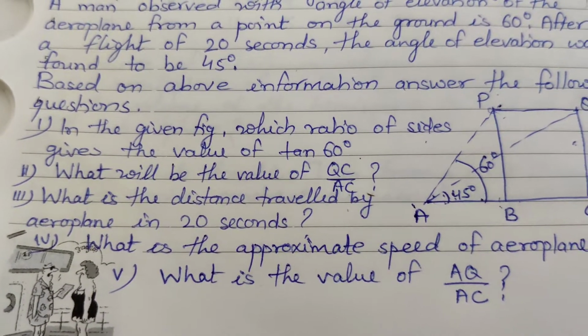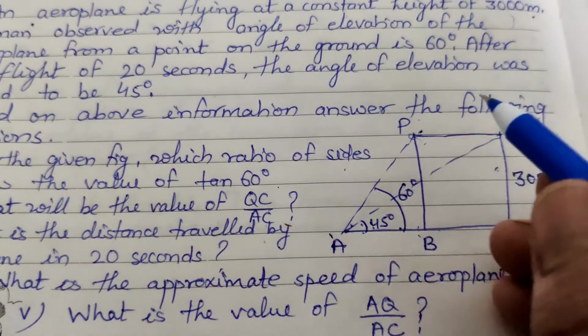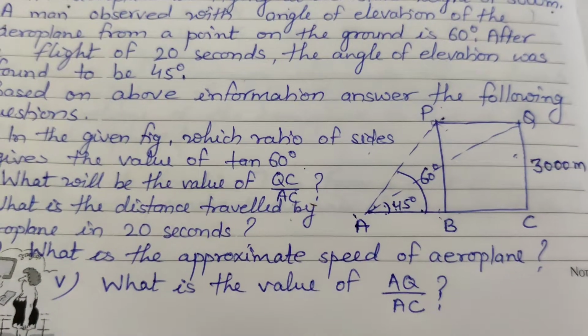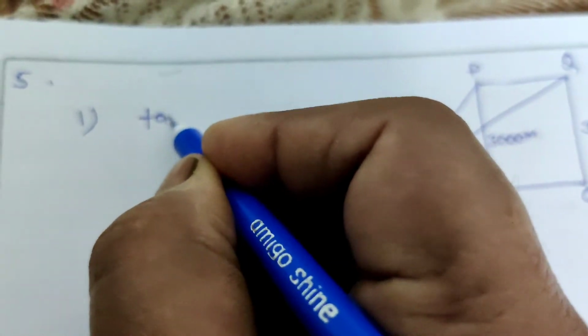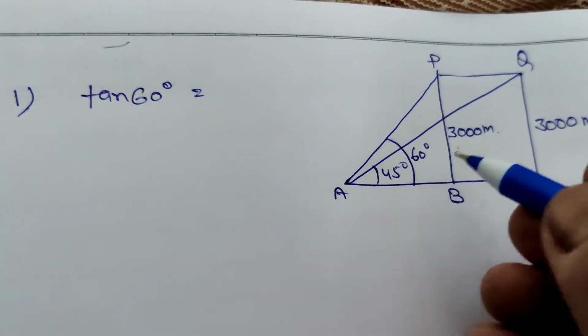Next, what is the distance traveled by the aeroplane in 20 seconds? We have to find the distance PQ. For this figure, the question number 1 answer is tan 60 degrees equals perpendicular by base, PB upon AB.